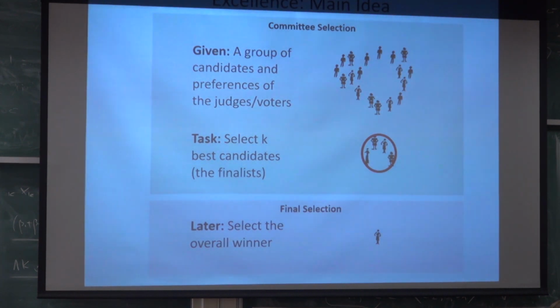But the final selection would be made when they actually come to the place, they talk, they discuss, and then we vote. The assumption is that the final selection is based on completely different preferences than the shortlisting process, which means that we're not thinking that there will be some single winner at the end. We're simply focusing on choosing the best K guys, and that's it.